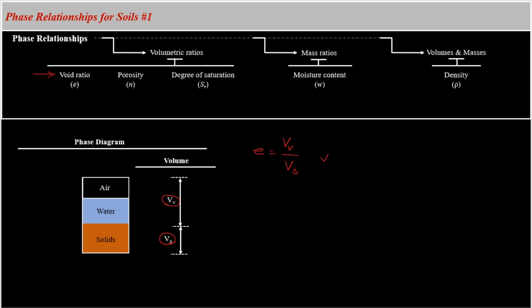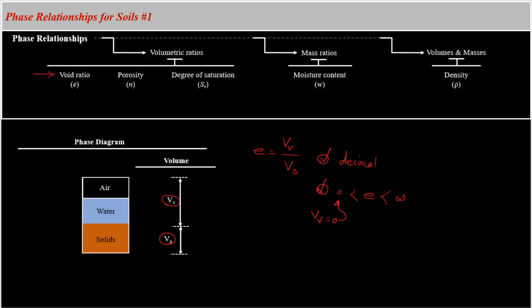The void ratio is typically expressed as a decimal, and mathematically the values of void ratio can be anywhere between 0 to infinity. Let's imagine you have a solid rock sample in which the volume of voids is equal to 0. In this case, the porosity of that rock sample is also equal to 0.